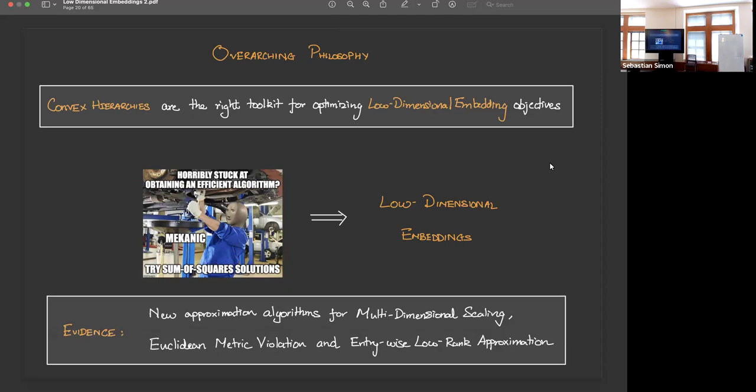We managed to use these hierarchies to get new approximation algorithms for essentially all these problems: multidimensional scaling, another problem called Euclidean metric violation, and also entry-wise learning. So this is just the beginning, but I think there is a growing sense, at least for me and my co-authors, that this might be the right toolkit to push low dimensional embedding.